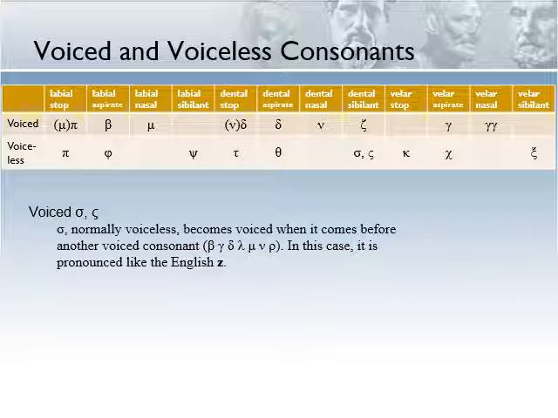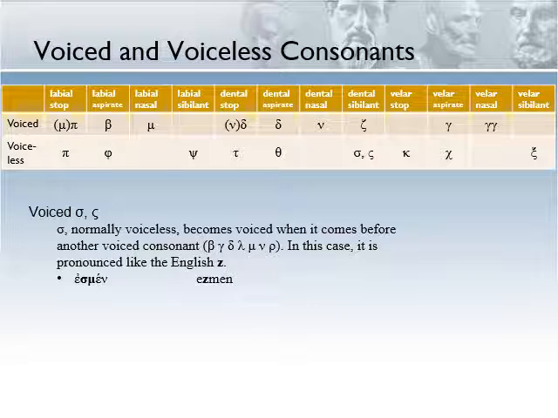So sigma normally is voiceless, but it becomes voiced when it comes before another voiced consonant, either beta or another gamma or delta, lambda, mu, nu, or rho. In this case, it is pronounced like the English Z. Consider the word we have here: epsilon, sigma, mu, epsilon, nu.